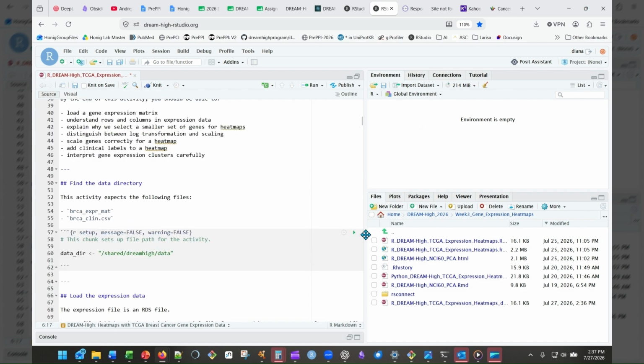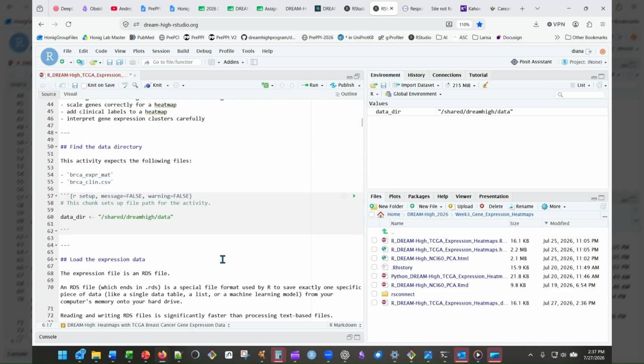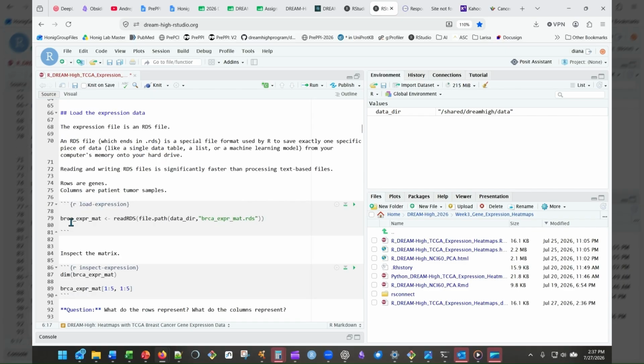So our data directory is set up. We're going to read in the expression data. We're using readRDS because we have the data in an internal format to R. It just makes it easier to store large files. So you see it's 160 megabytes.